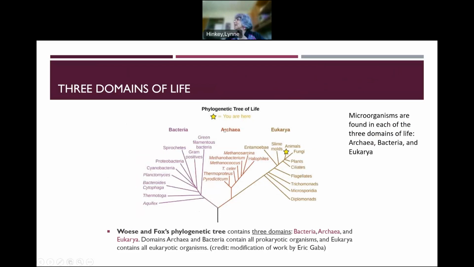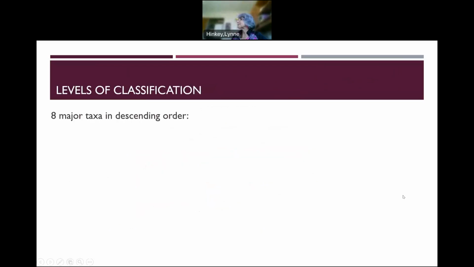So within any domain, we have the most similarity, but we also have significant differences. So we need to divide even further. But that first big difference is our current phylogenetic tree, which is most accurate for the knowledge that we have now. It was developed by Woese and Fox, and they used ribosomal RNA sequences to determine similarities and differences.